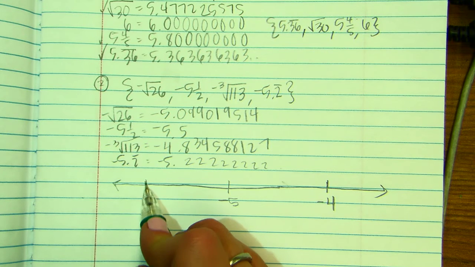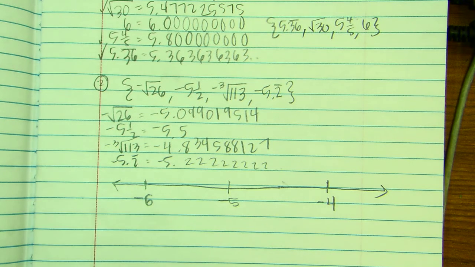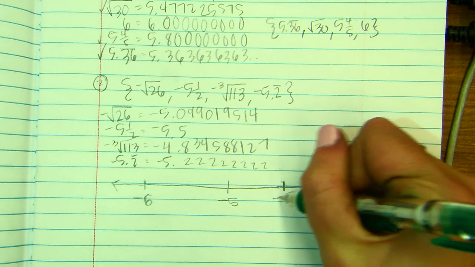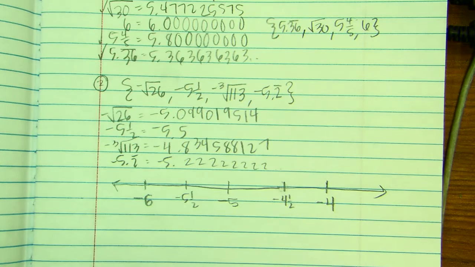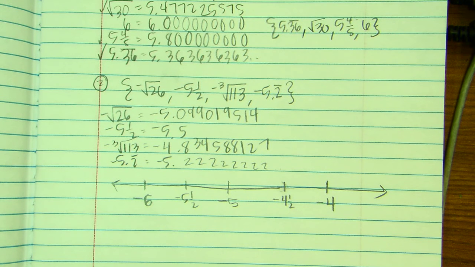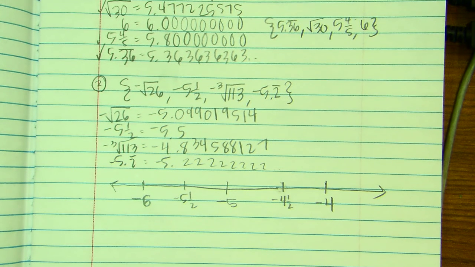And then negative 6 here. I'm going to put some fractions in just to help me reference. This would be negative 4.5. This would be negative 5.5. That's probably enough. Now I can plot all of these on my number line.